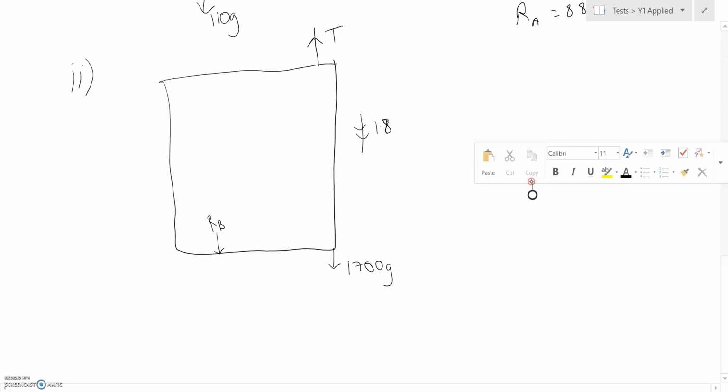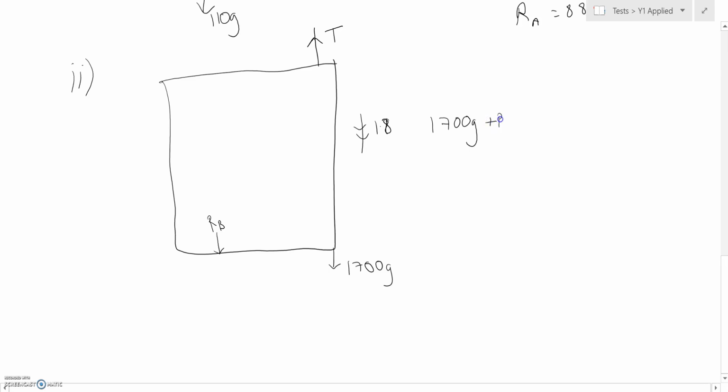So if we do F equals ma again, we've got 1,700 G going down. We've also got this RB, reaction from B, going down, and then we've got the tension going up.